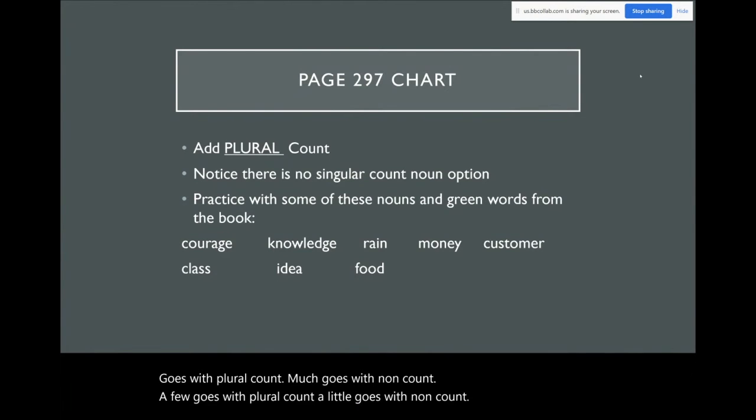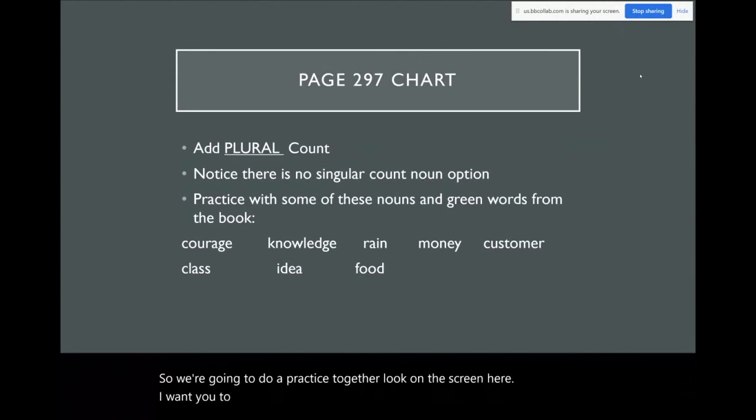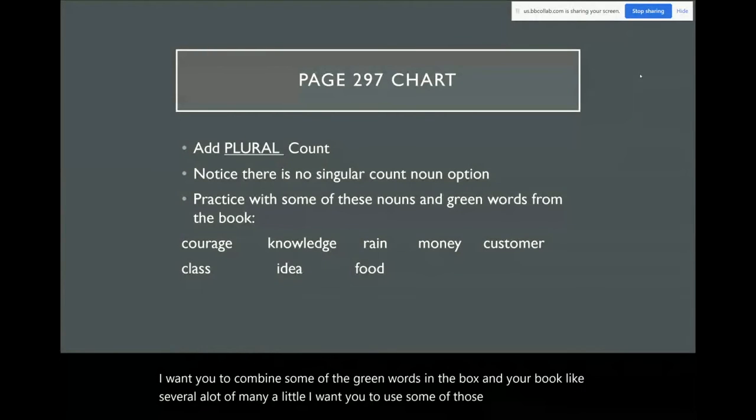We're going to do a practice together. Look on the screen here. I'll combine some of the green words in the box in your book, like several, a lot of, many, a little. I want you to use words with these nouns here on your screen.